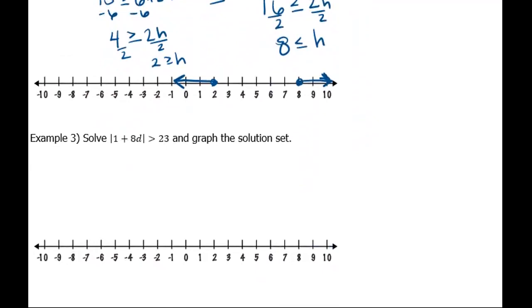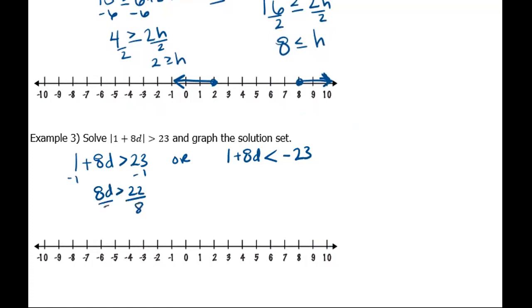All right, our last one here. I'm just going to write it out. 1 plus 8d can be greater than 23. With a greater than, it's going to be an or 1 plus 8d. Now I switch to a less than and a negative 23. Now I'm going to subtract 1. Divide by 8.